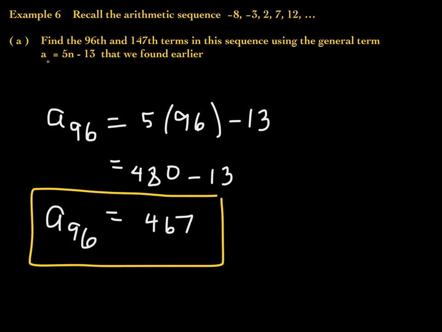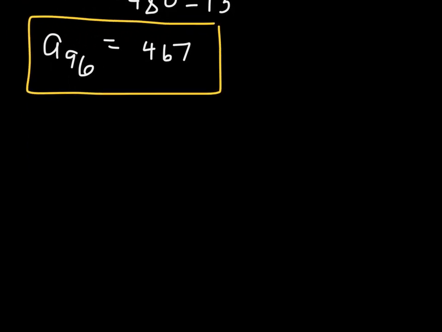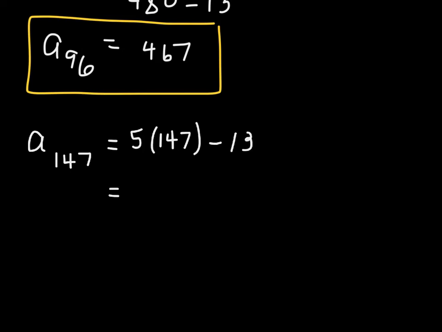Now, they also want us to find the 147th term. Wow. Okay, so we can do the same process, right? So for the 147th term, you're letting n be 147, and then minus 13. All right, 5 times 7 is 35.